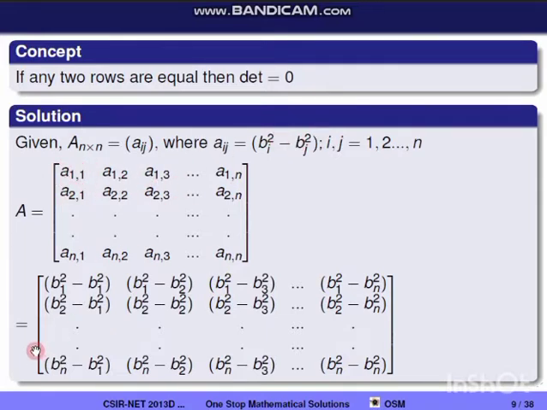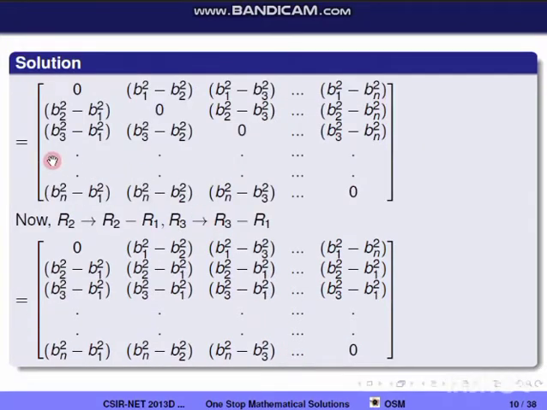So this is equal to b1 square minus b1 square, b1 square minus b2 square, up to b1 square minus bn square, b2 square minus b1 square, b2 square minus b2 square, up to b2 square minus bn square, bn square minus b1 square, bn square minus b2 square, up to bn square minus bn square. For the diagonal elements, we are getting the elements as 0. So substitute that. So we'll get the matrix like this.